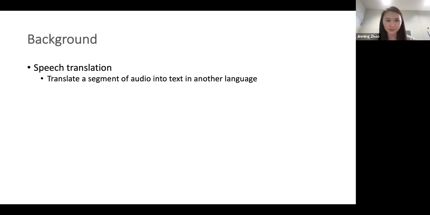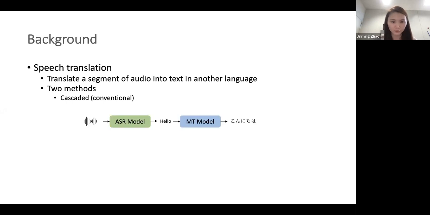Let's kick off the presentation by introducing you to the task. Speech translation is a task of translating an audio segment in one language to text in a foreign language. The conventional way of performing this task is the cascaded method, where people first train an ASR model. ASR stands for Automatic Speech Recognition.